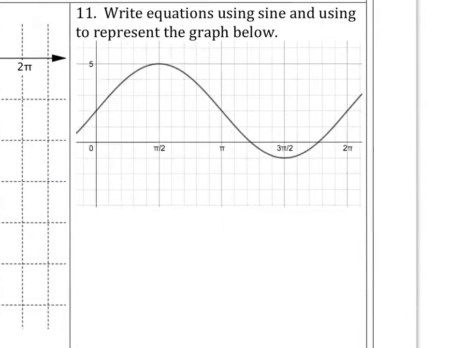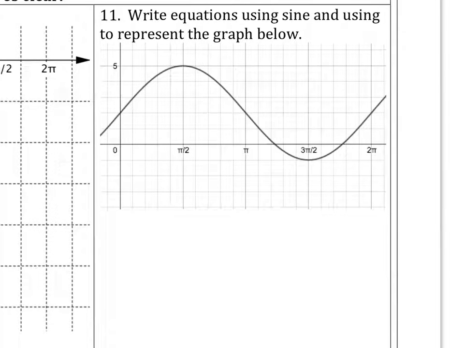For our last one, we're looking for an equation using sine to represent this curve. Let's see if we can find some stuff here. First thing I might do is try to find the midline. That looks pretty good. And that's going to have a height of 2. I'm going to write midline equals 2.